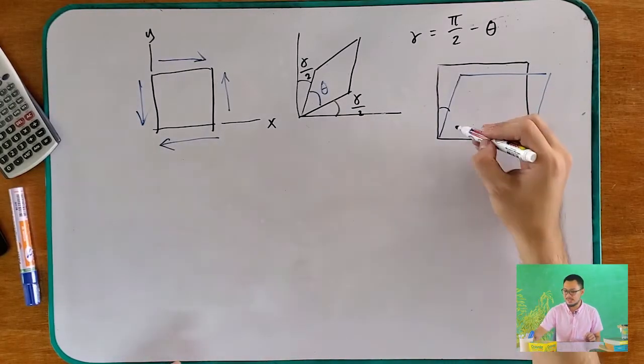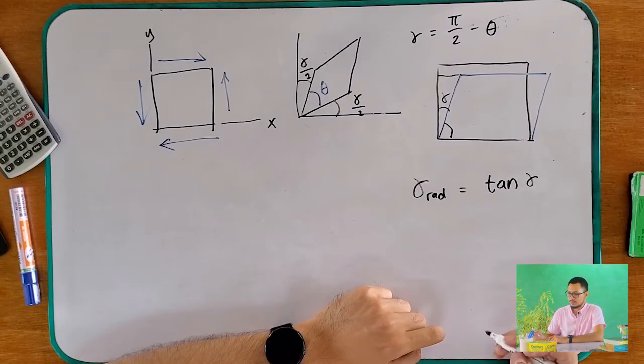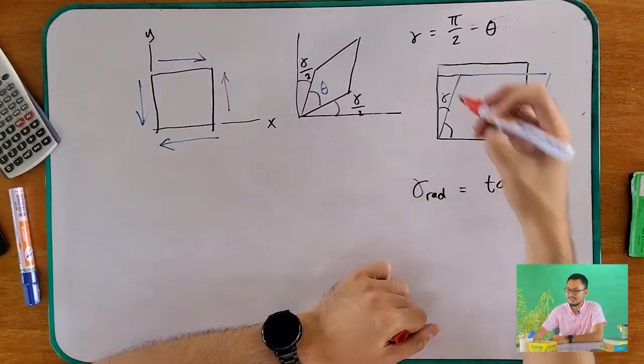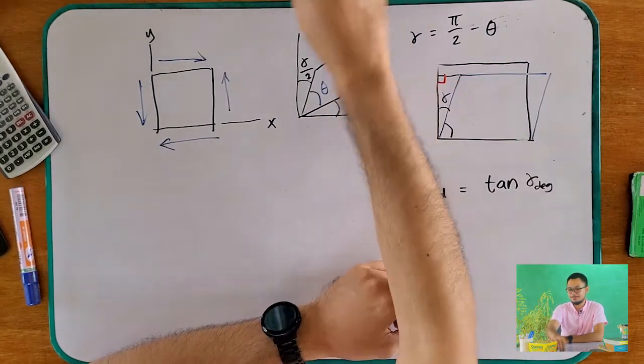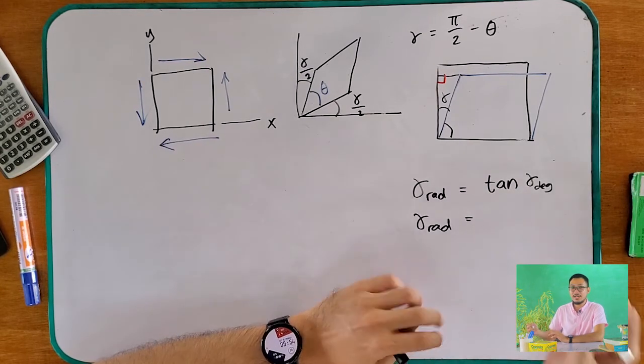We already knew that this one is your gamma because this one is your theta, right? And in order for you to solve your gamma in radians, it is just actually equal to tangent gamma. We all knew that tangent is equal to the opposite over adjacent, and you can see that this one is a right triangle.